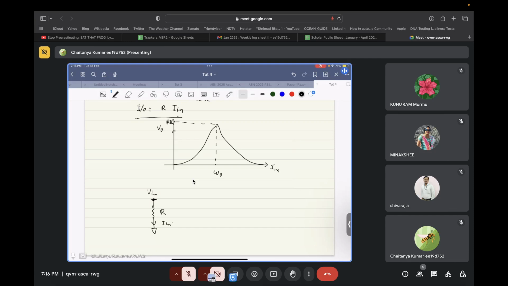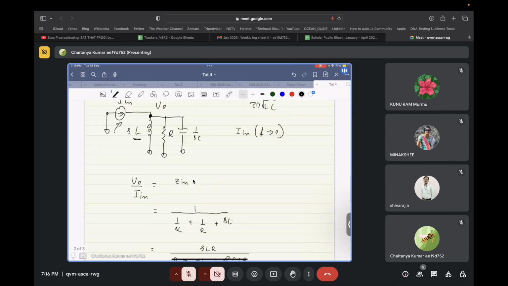I in will be equal to V in by R, correct? So this current somehow we need to push into the parallel combination of RLC that we saw over here, this RLC circuit, right? So how will we try to do that? Let's try to figure it out.